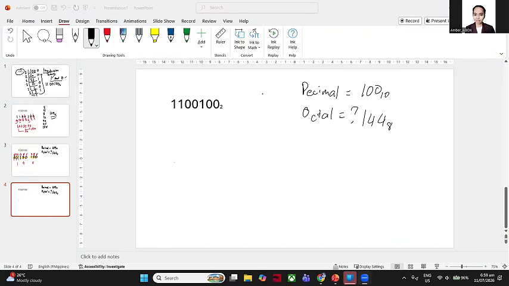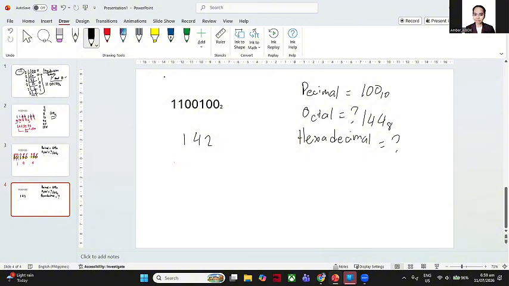Now, how about hexadecimal? From octal we have 1, 2, 4, because octal is always up to 8. 1, 2, 4, 8.